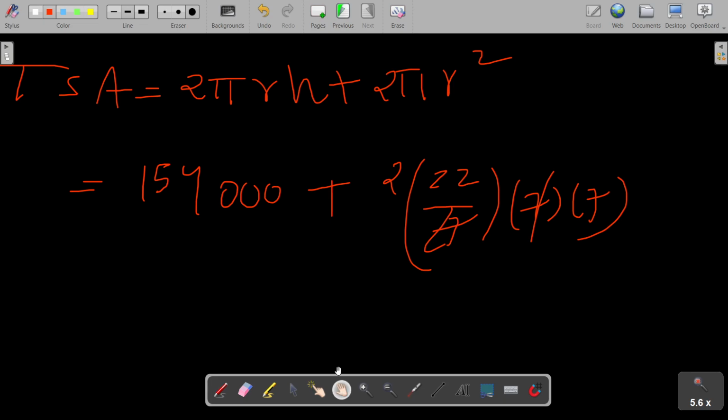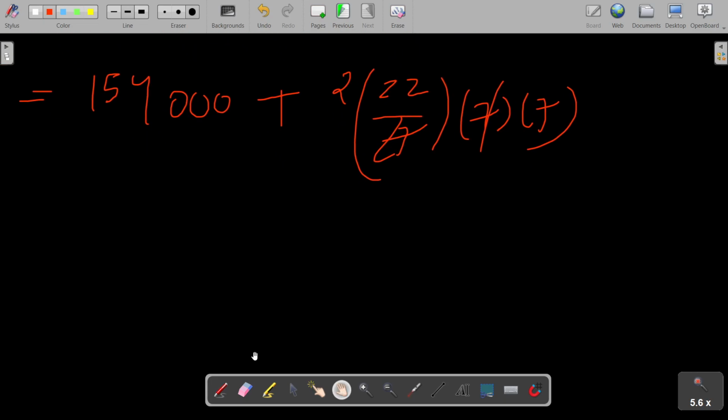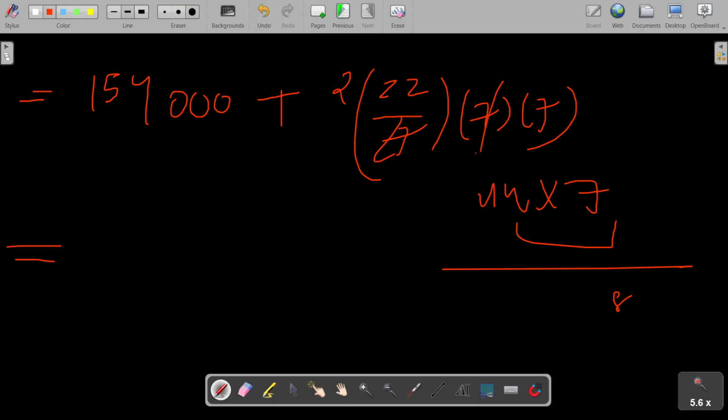Remember, only if they have mentioned that we have to calculate for the paper lids also. So now this becomes 44 times 7. To calculate that, 4 times 7 is 28, 28 plus 2 is 30.